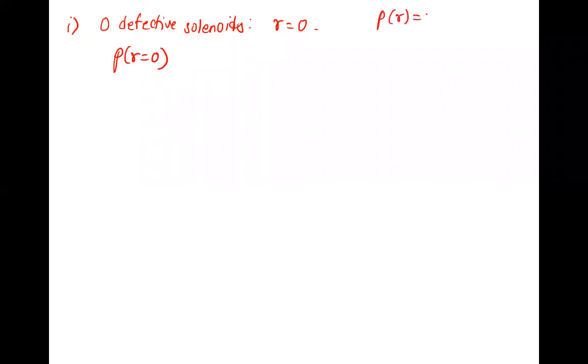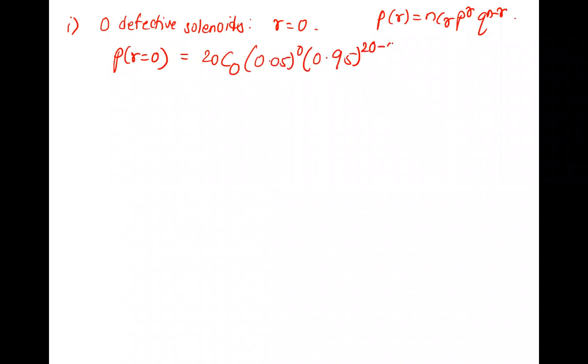So question 1, 0 defective solenoids, means R is 0. Let us solve it. N is 20, C 0, P 0.05 raised to 0 into Q 0.95 raised to 20 minus 0.